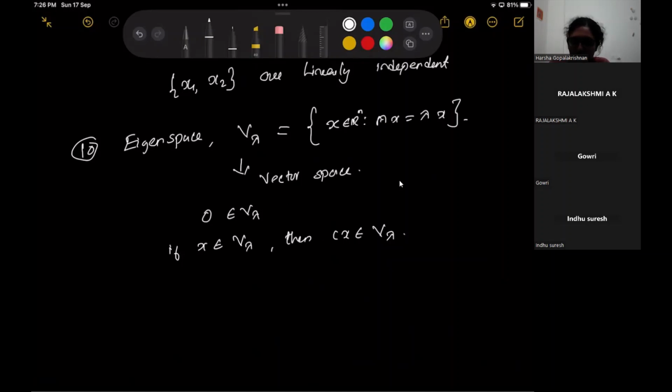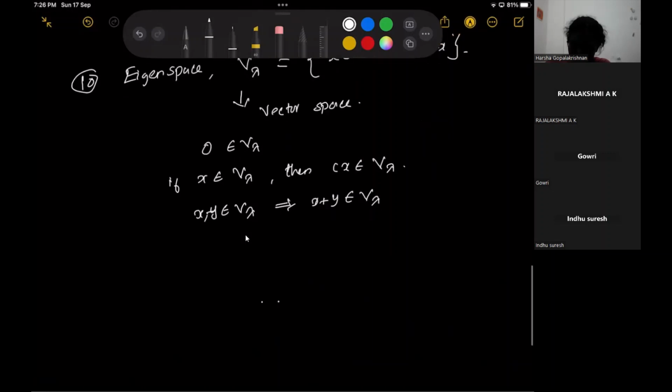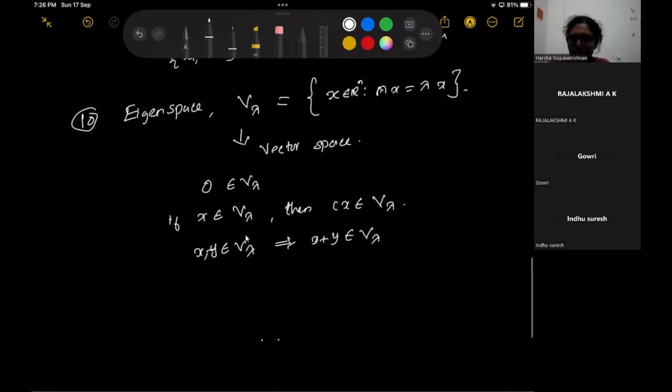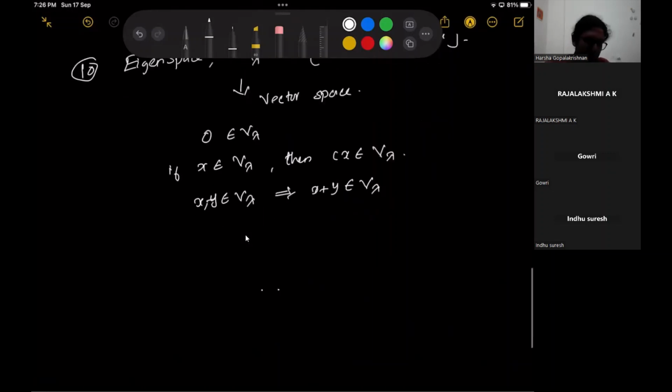And if x and y belong to V lambda, then x plus y also belongs to V lambda. You can just work this out. All the other properties of a vector space will be satisfied. So the eigenspace is a vector space.